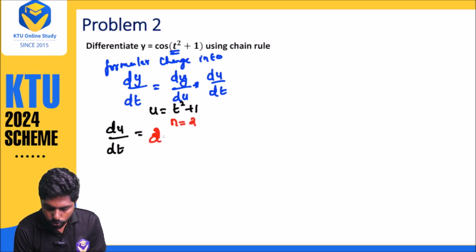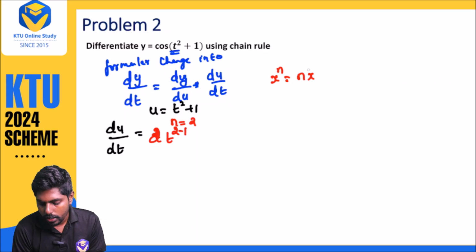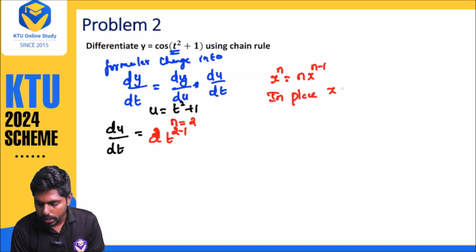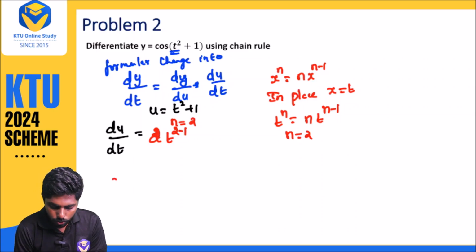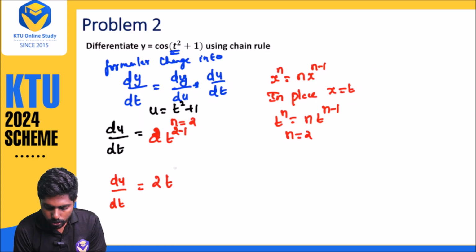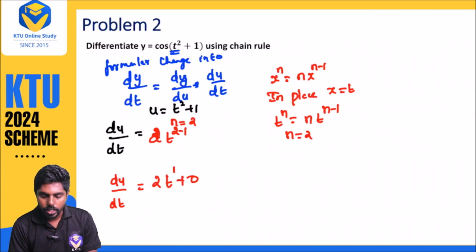So du/dt is equal to 2 into t power 1. What about 1? 1 is a constant, so it is 0. So we are getting the formula.